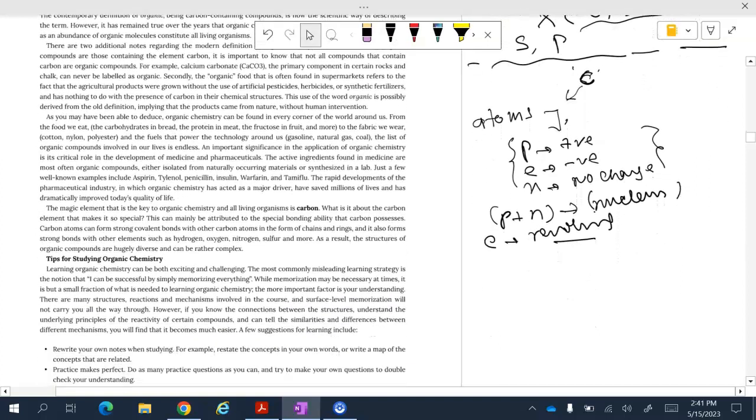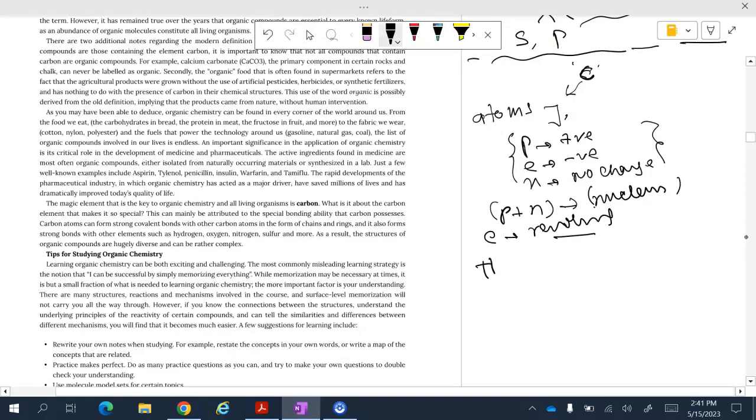And the other point is that the number of protons present in the nucleus is one of the unique features of each and every element. This number of protons, what do we call it? Atomic number. Atomic number is the number of protons. And as such, an isolated atom is electrically neutral.